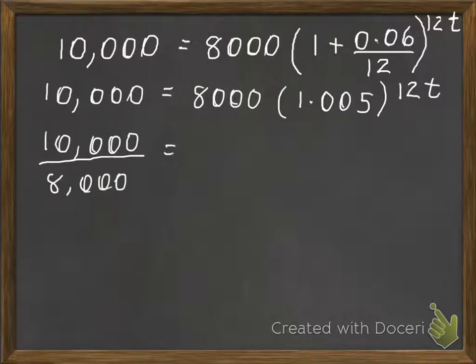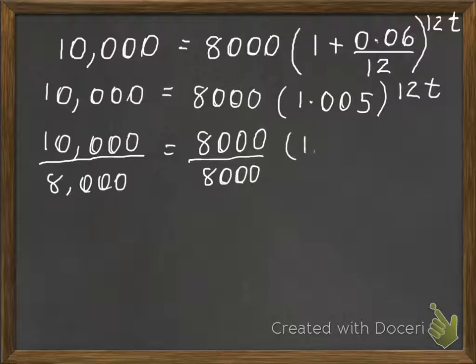That leaves us with 1.005 to the power of 12t, because this cancels out. Anything over itself is 1.